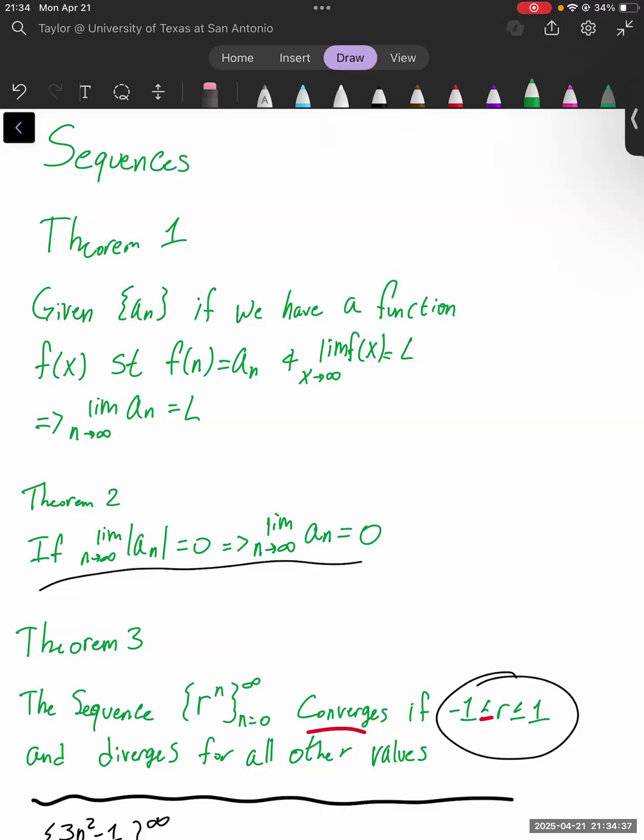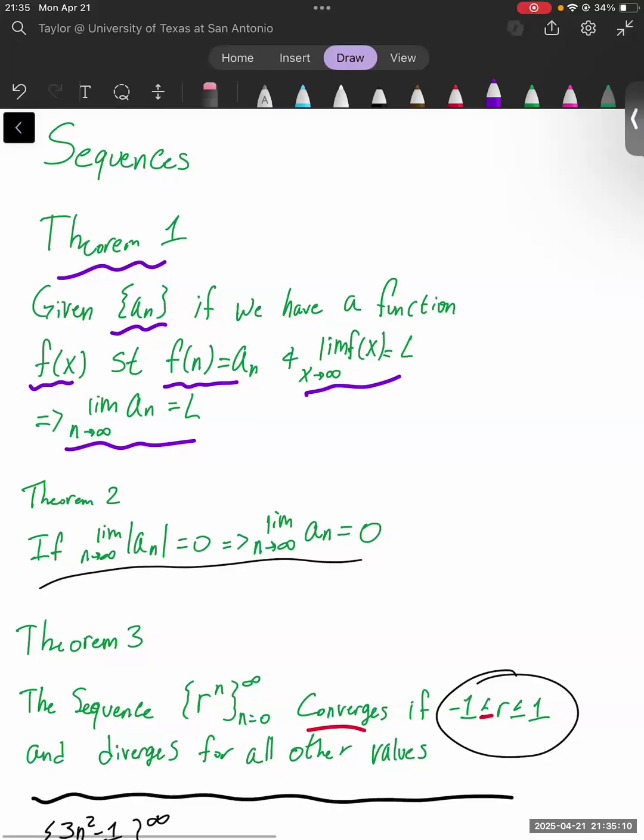So to start off with sequences, I'm just going to do a lot of pointing today. Starting off with sequences, so we'll use purple. I just wanted to introduce a couple of theorems first. So theorem one: given a sequence, a sub n, we have a function f of x such that f of n equals our sequence, then the limit of our function is equivalent to the limit of our sequence.